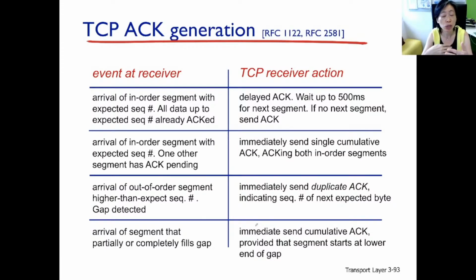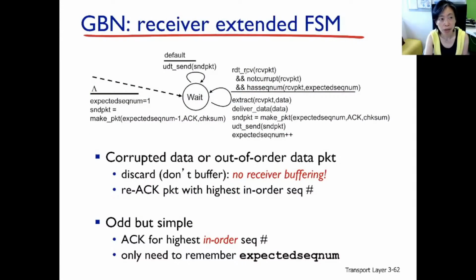Now, in order to contrast TCP's receiver with Go-Back-N's receiver, let's bring back Go-Back-N receiver's finite state machine. And here it is. There are only two events. First is getting a packet from the network layer that is not corrupted and carries the expected sequence number. Hey, this is the data packet we're expecting.